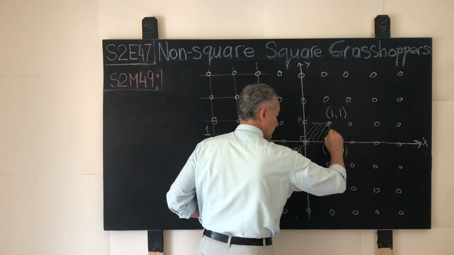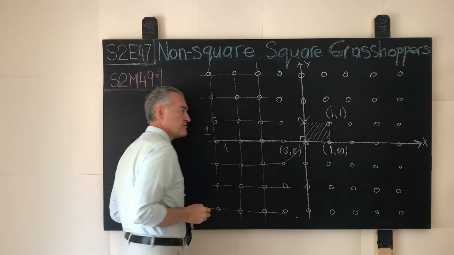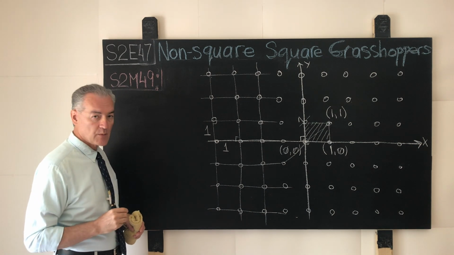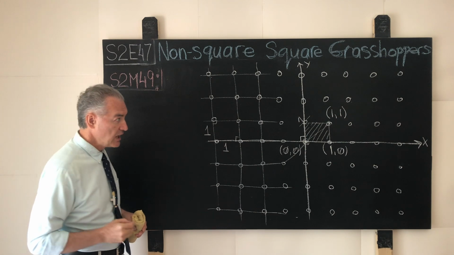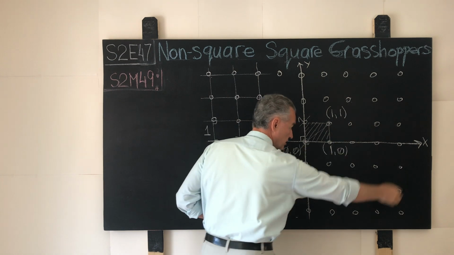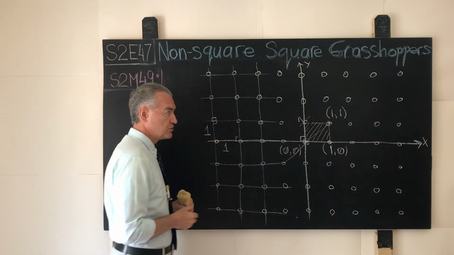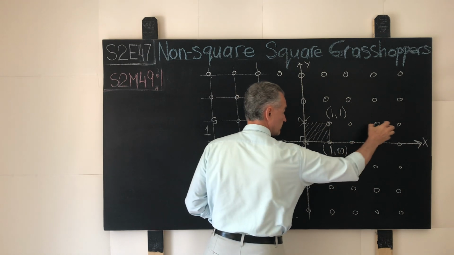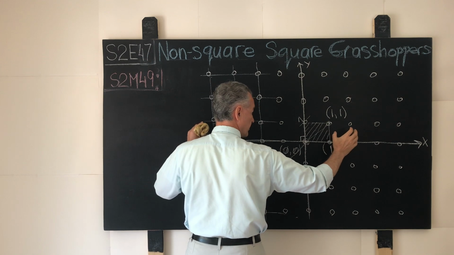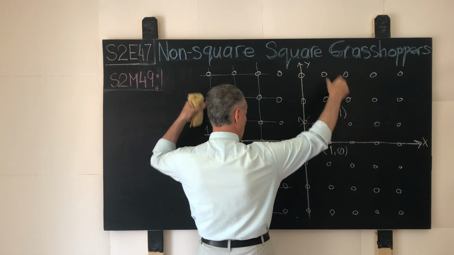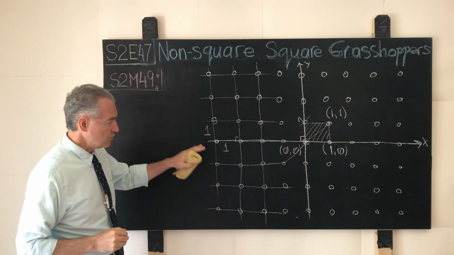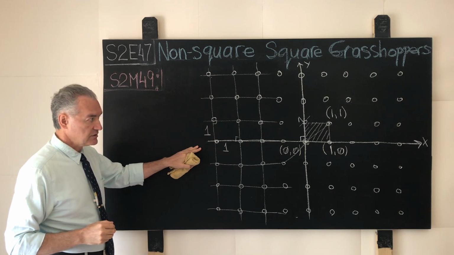Remember, we are told that initially 3 grasshoppers sit at 3 distinct vertices of a unit square, 1 grasshopper per vertex, and that square precisely becomes the generator of the corresponding orthogonal integer lattice. We translate that generating square in one direction and the other, we get the strip, we take that strip and replicate it upward, let's say, and replicate it downward, and voila, we have our orthogonal integer lattice Z squared.